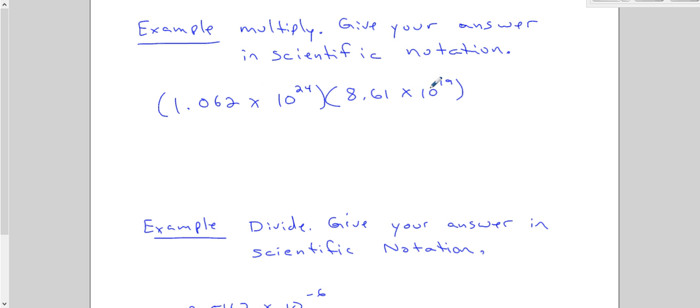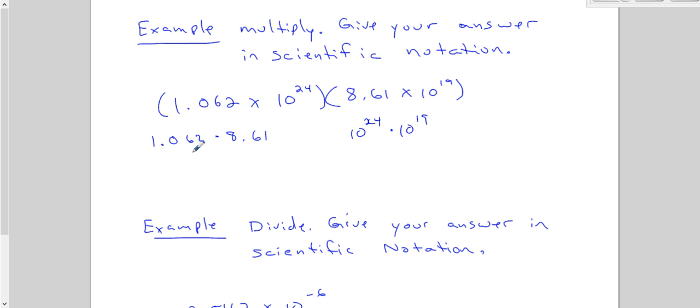All multiplication here. Guess what? Multiplication is commutative. So basically I'm going to group my decimal values and multiply these times each other, and then I'm going to group my tens with the exponents, and I will multiply these together.